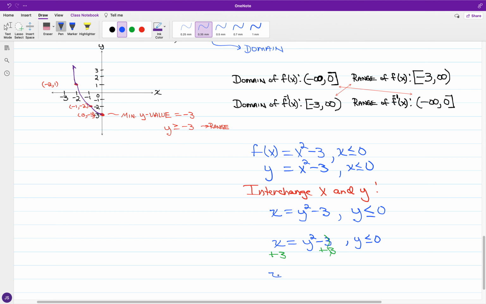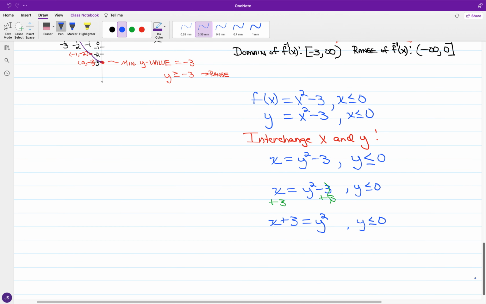So right now we'll have x plus 3 is equal to y squared. Let's switch the order, so we have y squared is equal to x plus 3.